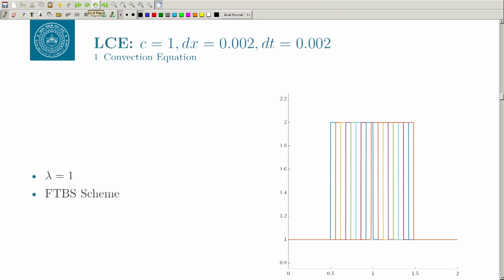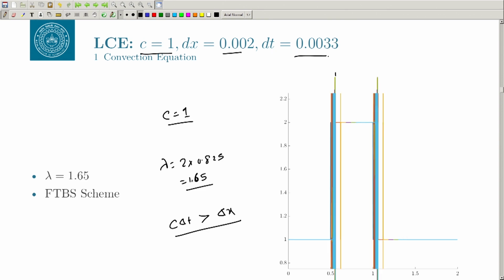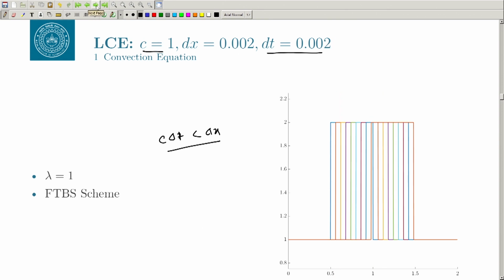So if you are increasing your convection speed, you have to accordingly reduce your delta t, so that C delta t is smaller than delta x, and that is what we have done here. Earlier my delta t was 0.0033, and we have reduced it to 0.002, so that the Courant number is just equal to 1.